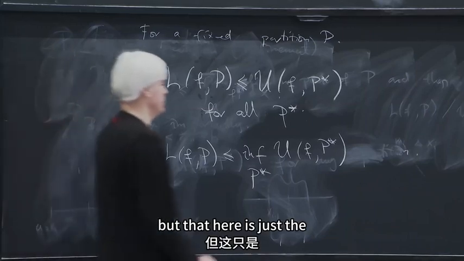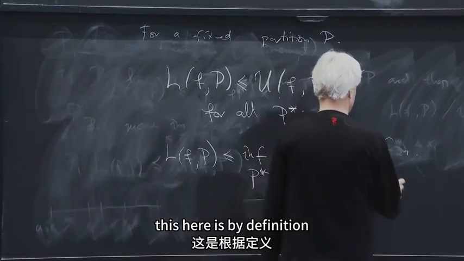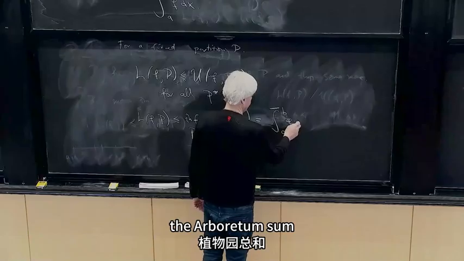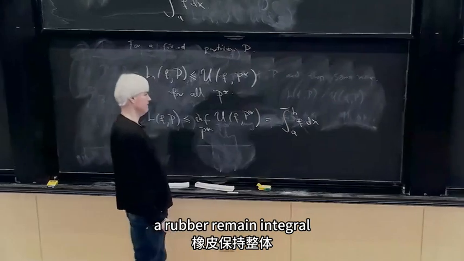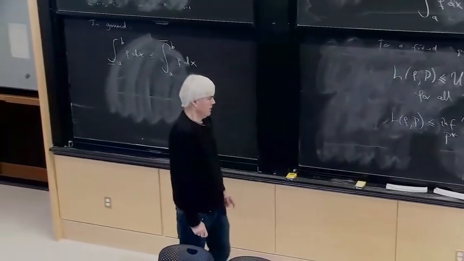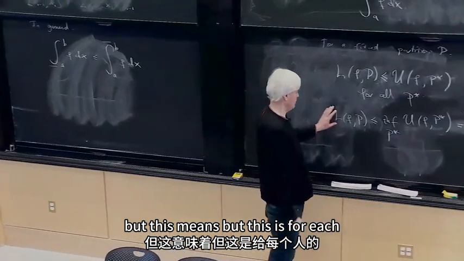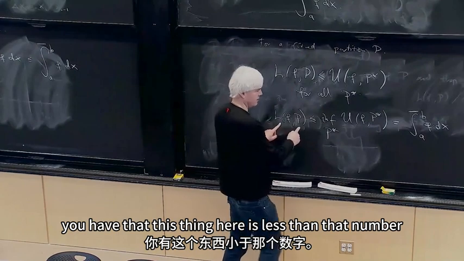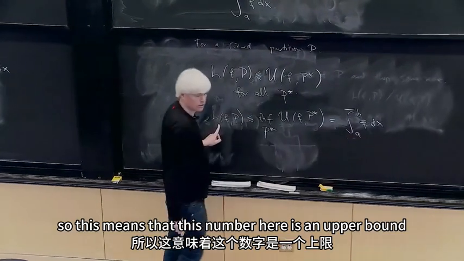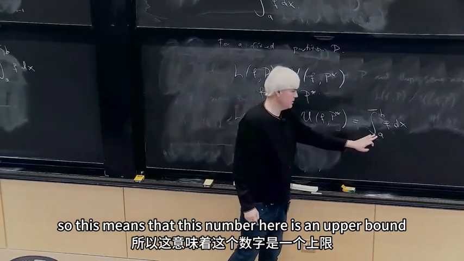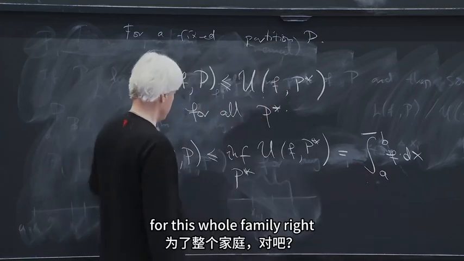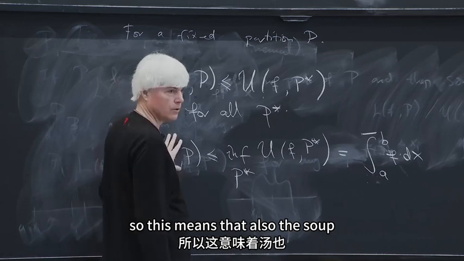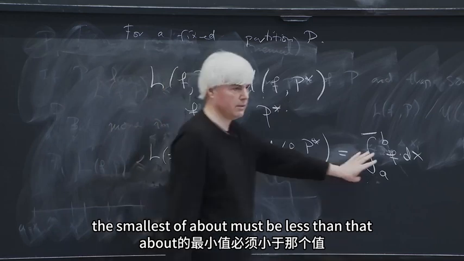But that here is by definition the upper Riemann integral. Now you forget about the P star. You have that this thing here is less than that number. So this number here is an upper bound for this whole family. So also the sup, the smallest upper bound, must be less than that.